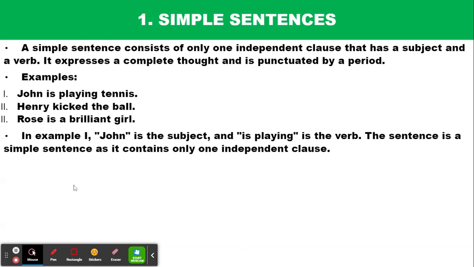So in example 1, John is the subject and is playing is the verb. The sentence is a simple sentence as it contains only one independent clause. An independent clause is also known as a main clause. That is a clause that can stand on its own and that is why it can constitute a simple sentence.